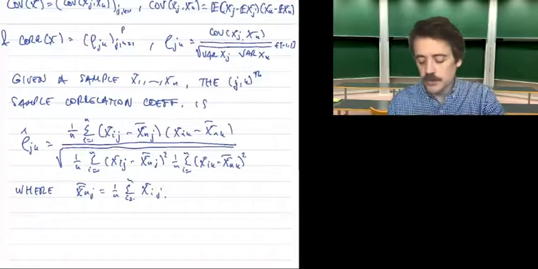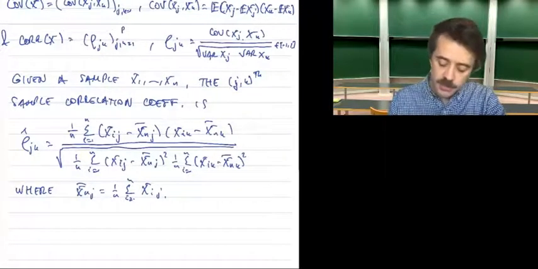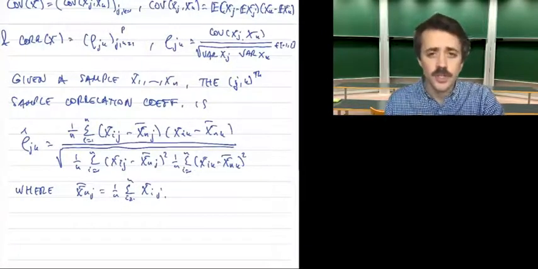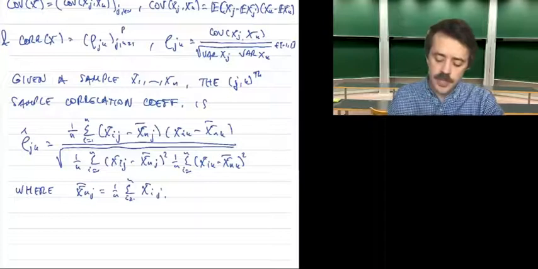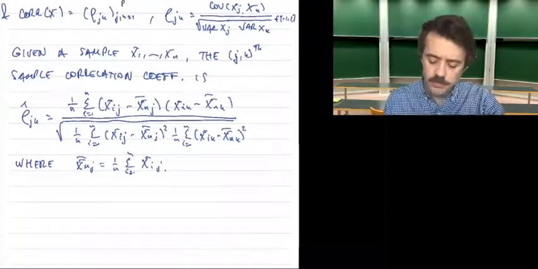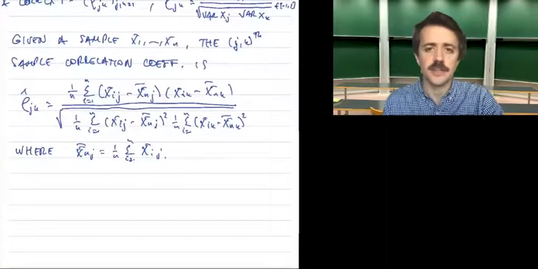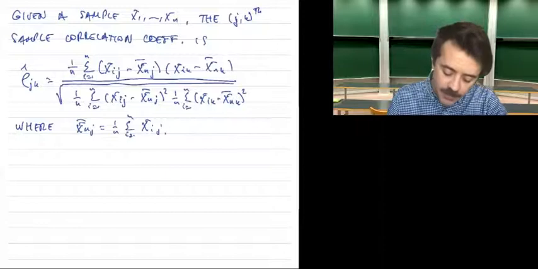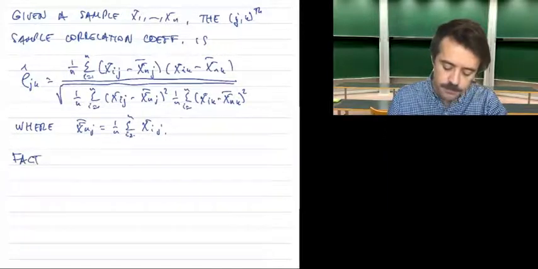Let me point out, you may have realized this already, that I'm trying to use the index i for the data points, and j and k for the entries of a vector. I'm hoping I'm being consistent, but I may have forgotten at some point. So let's get a fact for this quantity.